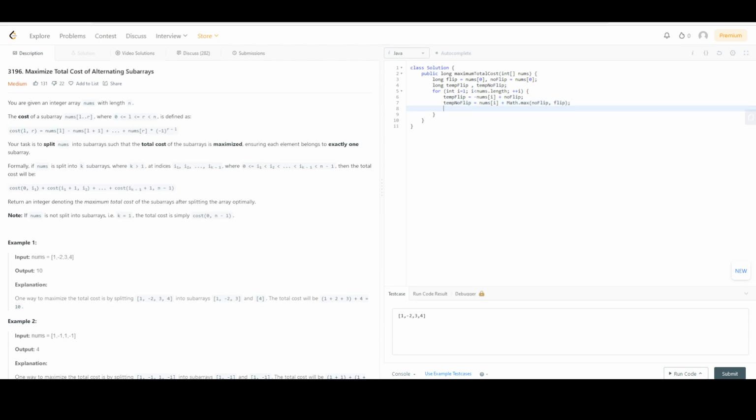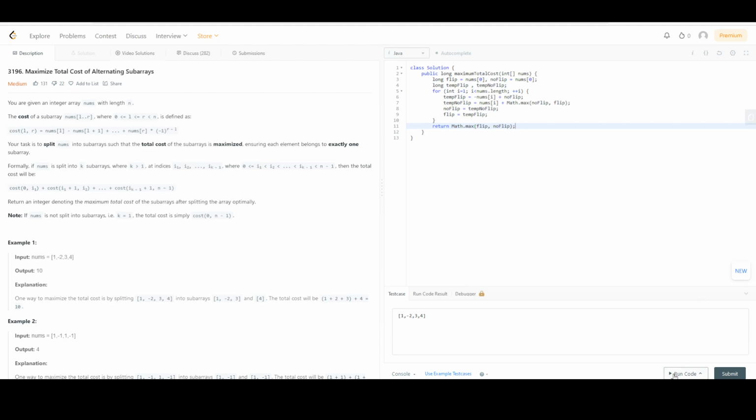Once that is done, I will update no flip with temp no flip, and flip with temp flip. Once that is done, I will return whichever gives the maximum answer: flip or no flip.